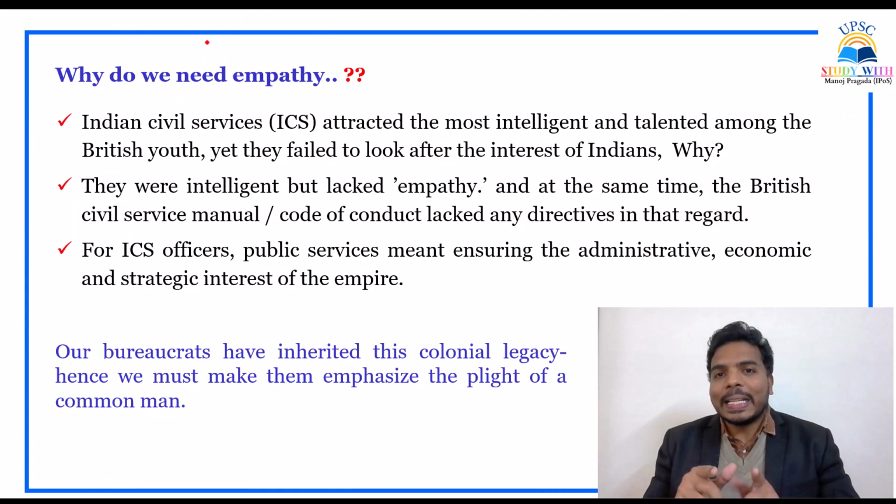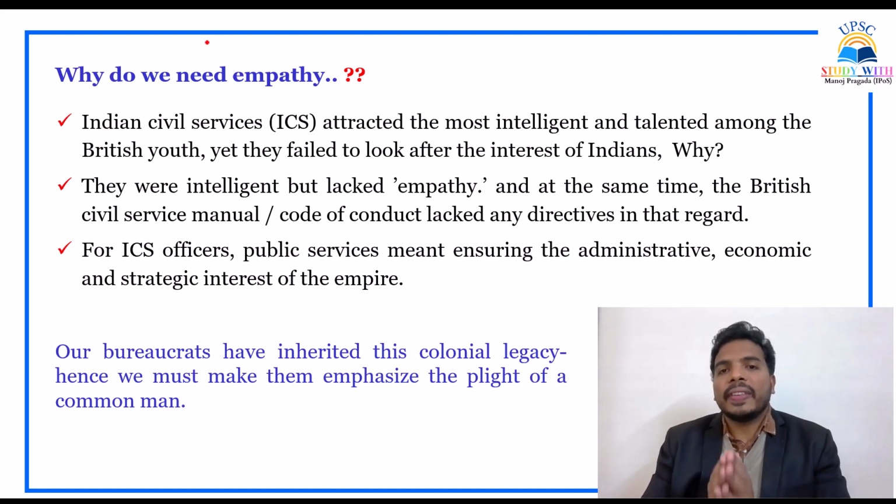Again, coming to the same point, why do we need empathy? This question has been asked many times in the UPSC exam. That's why I am giving you the model answers also. I am comparing here the British administration versus Indian administration and also Western countries versus India.